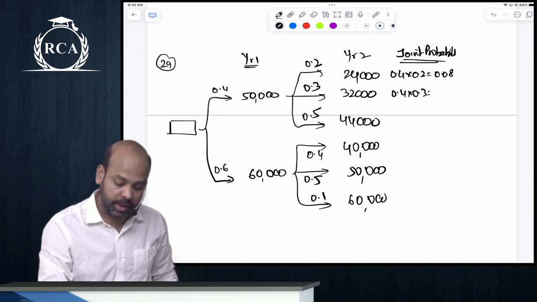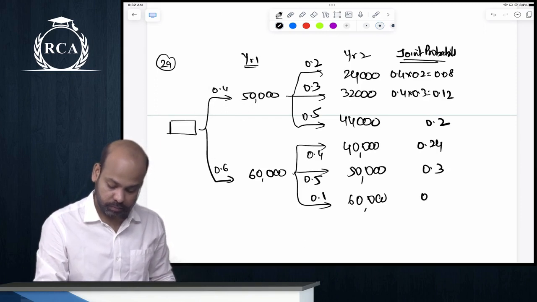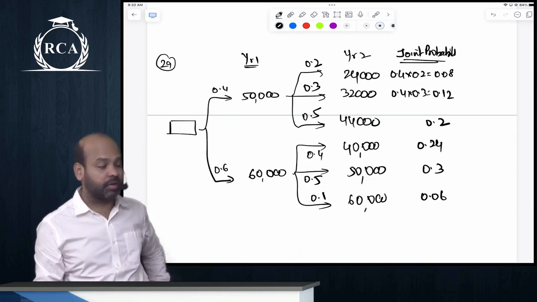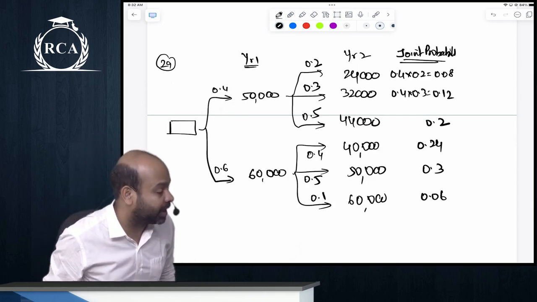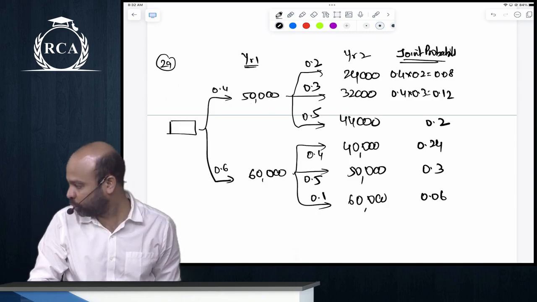Guys, is it understandable or not? These are the probabilities of different outcomes, guys. Once you get these different outcomes, you're supposed to arrive at NPV at each of these possible nodes. You know how to compute NPV, right?